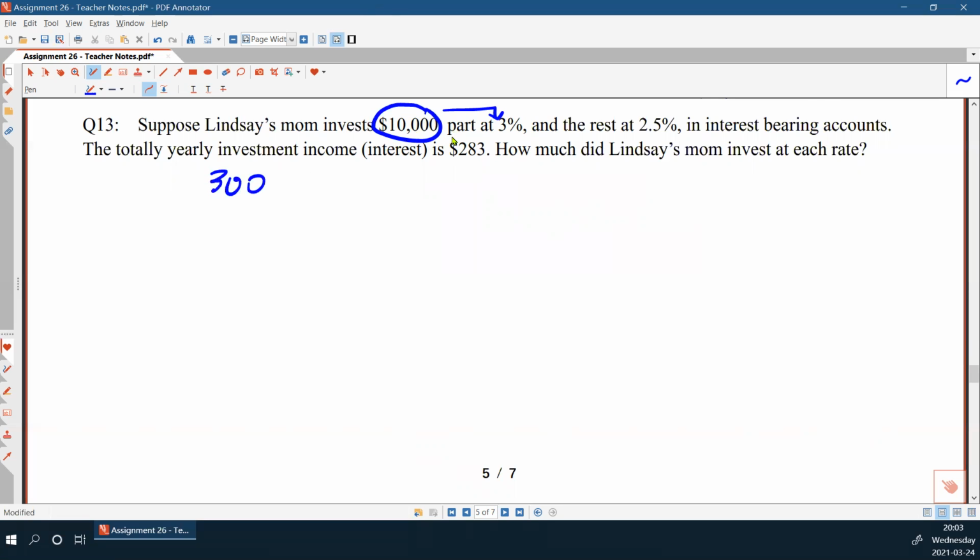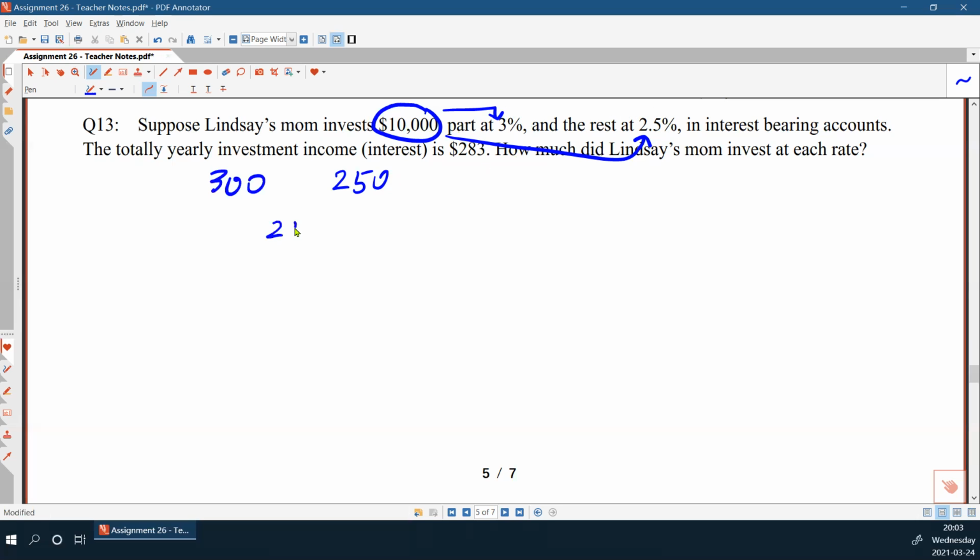If you invest this total amount of money at 2.5%, how much will you get? You will get 250, right? So Lindsay's mom partially invested at 3% and partially at 2.5%.